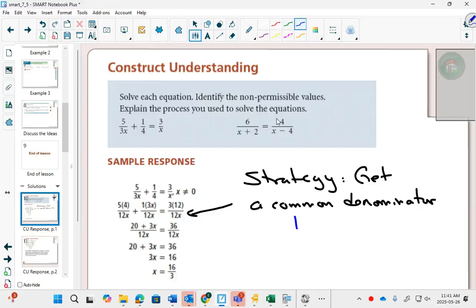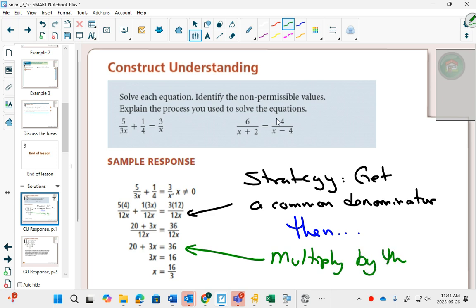And then you multiply by that common denominator, and it gets rid of all the fractions.